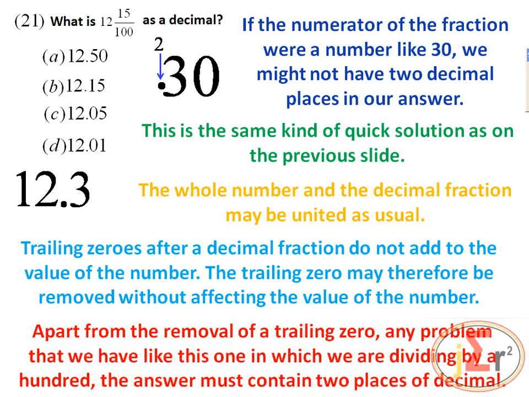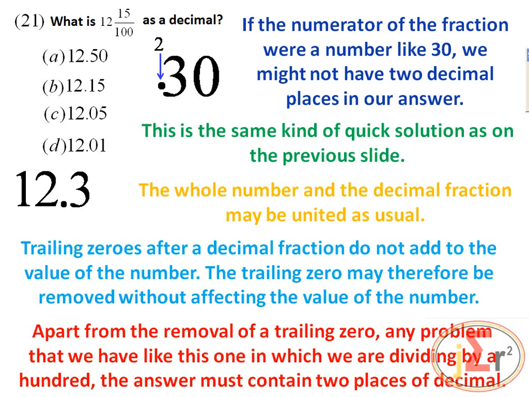As a matter of fact, what we had was 0.30, with 2 places of decimal, but because the trailing zero after the decimal fraction does not affect the value of the number, we may remove it.